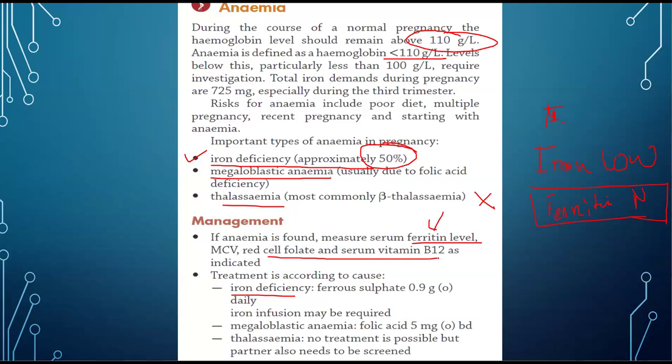If folic acid is low, then you'll need to give them folic acid. And let's say iron normal, B12 and folic acid normal. Then only you will go for hemoglobin electrophoresis. So that's the step-by-step screening or investigation that we would do. Okay.